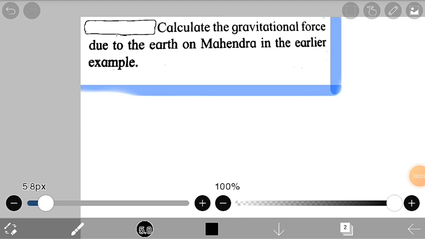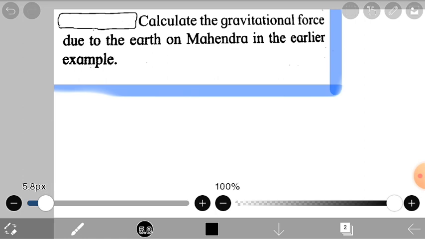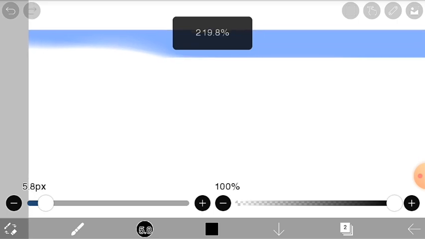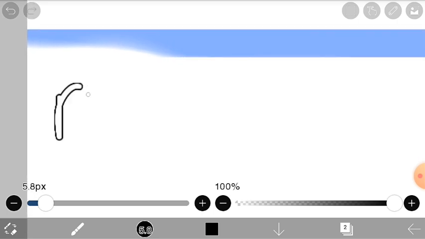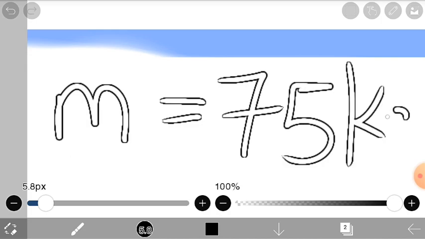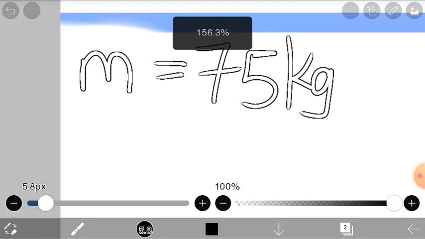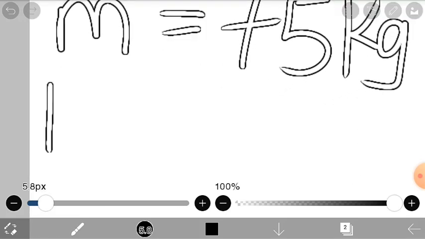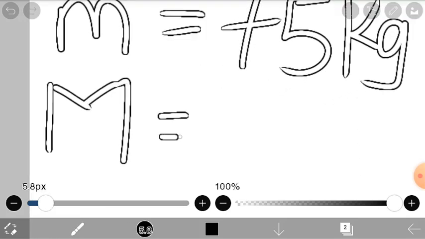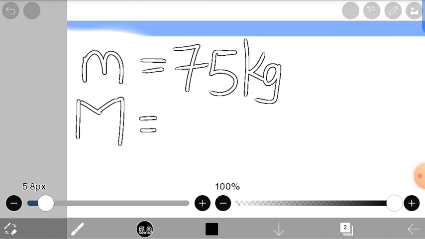So this is the third question. Let's see what the question is. It says: calculate the gravitational force due to the earth on Mahendra in the earlier example. In the earlier example, the mass of Mahendra is 75 kg. As we all know, the mass of earth is necessary to find the gravitational force between earth and Mahendra.